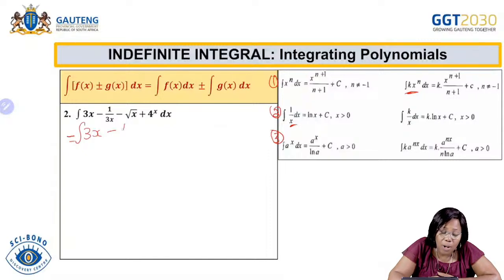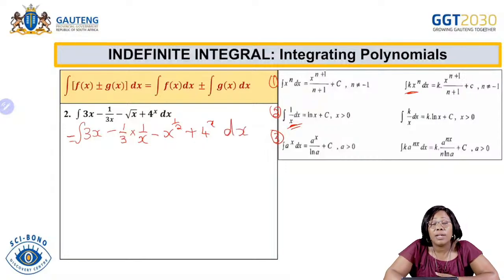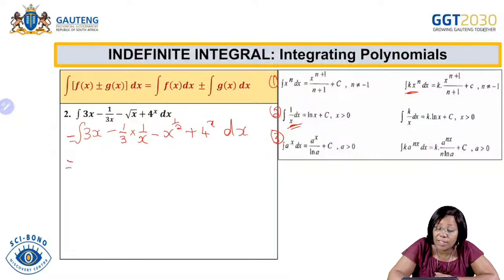minus 1 over 3 is the same as we are multiplying with 1 over x there, so that we can have this integration there. And then minus x to the power half is the same as the square root of x. And then we are having plus 4 to the power x, and then we are integrating with respect to x. Now we can start integrating.